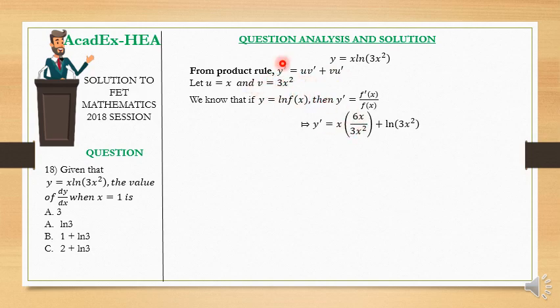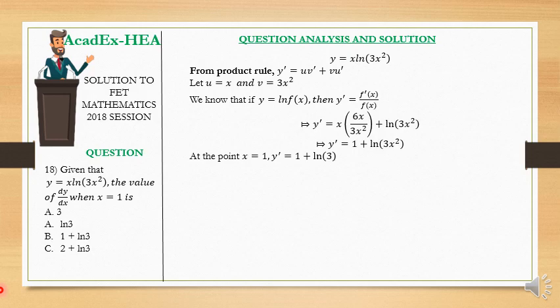So this is uv prime, which is x times this, plus v u prime. Now we are having the ln of 3x squared times the derivative of x, which is 1, and it maintains the number the same. Okay, now from there we have that y prime is equal to 1 plus the ln of 3x squared.